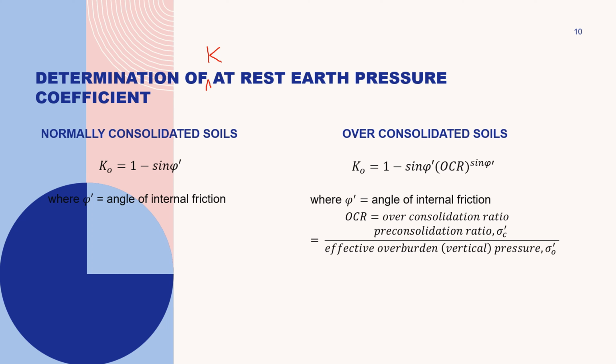OCR is equal to the preconsolidation pressure, sigma prime C, over the effective overburden, the effective vertical pressure sigma prime O. The preconsolidation pressure sigma prime C is the maximum effective vertical pressure the soil has experienced before the present time.